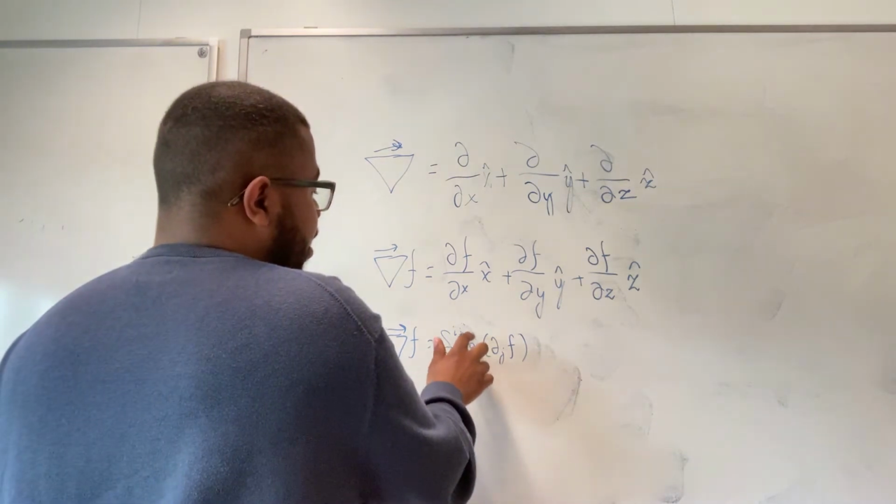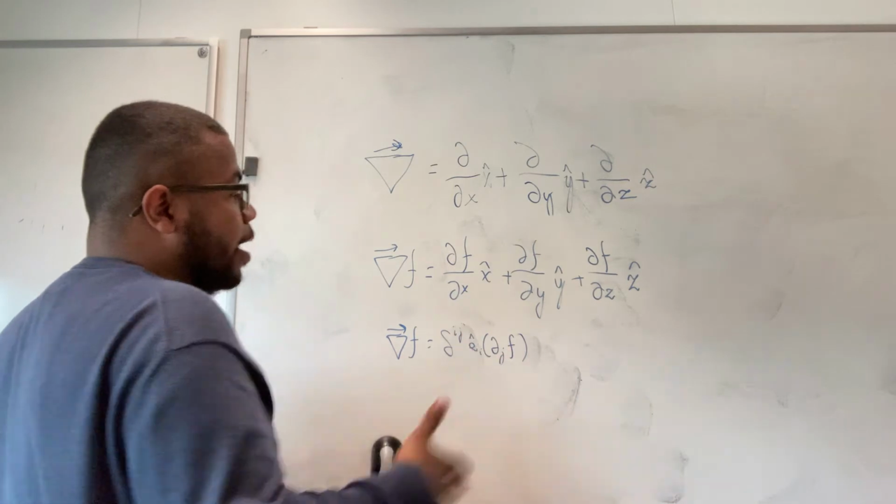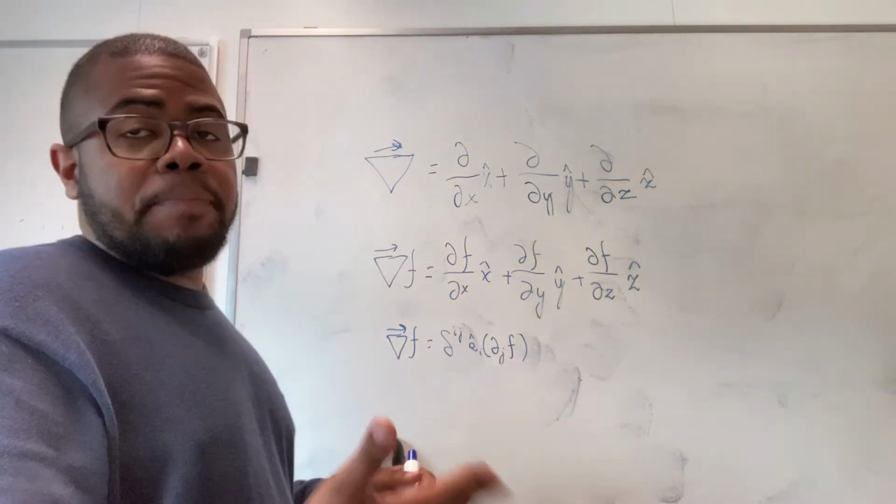And this e_i hat basically indicates that you're multiplying this component right here by their corresponding basis vectors.